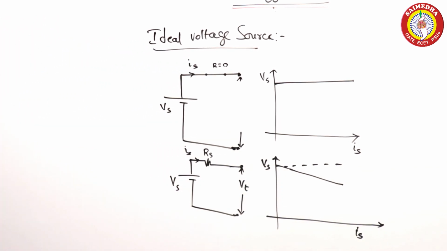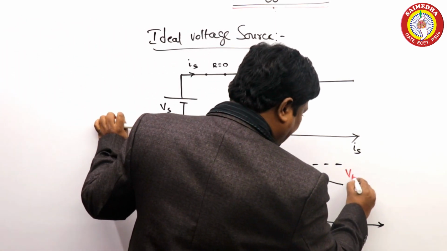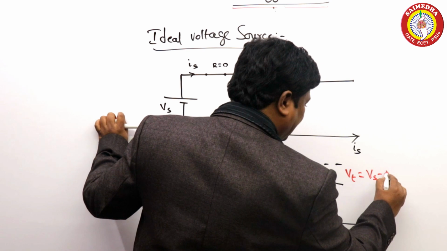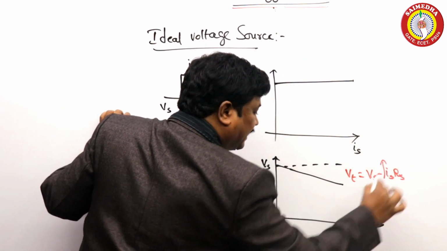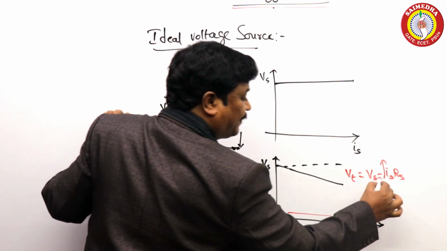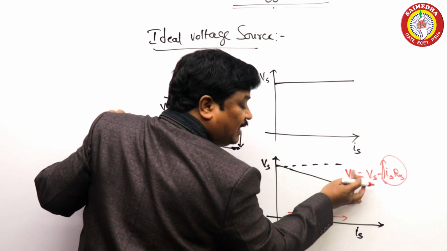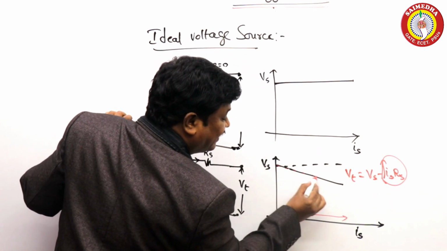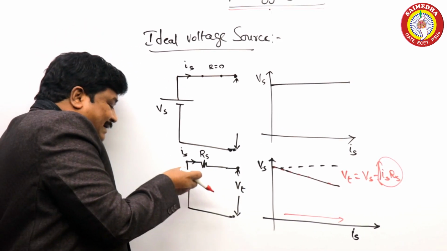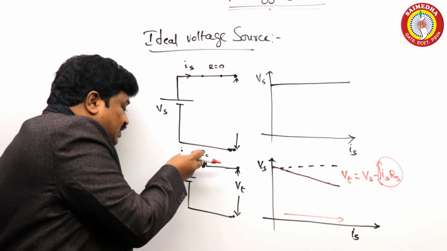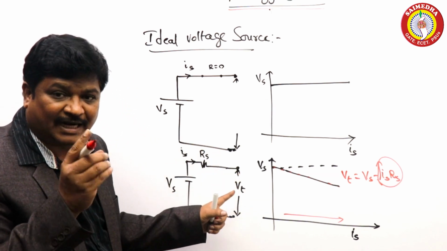So what is the resultant voltage? Vt equals Vs minus Is into Rs. When Is increases, this drop increases, this value reduces, hence Vt reduces. So in a practical voltage source, if the source current increases, the voltage across the terminals will reduce.